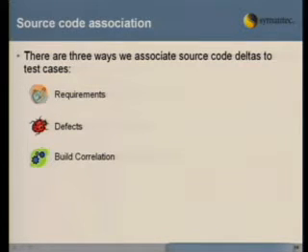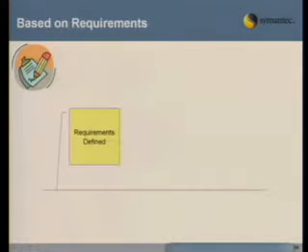So here's the basic overview of how one would associate source code and test cases based on requirements. So first off, you imagine that requirements are going to be defined, probably by product managers or lead engineers, something like that. You'll have source code that's checked in to fulfill those requirements, and then test cases checked in to fulfill those requirements as well, correct?